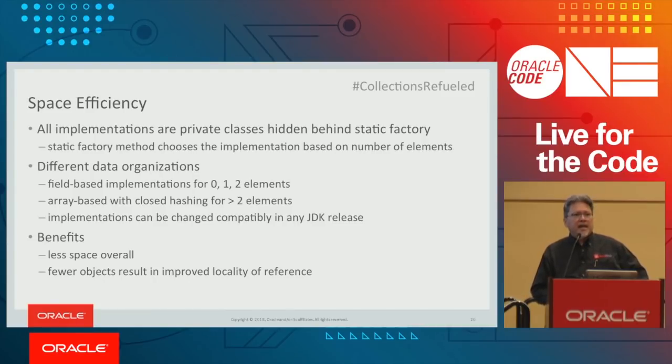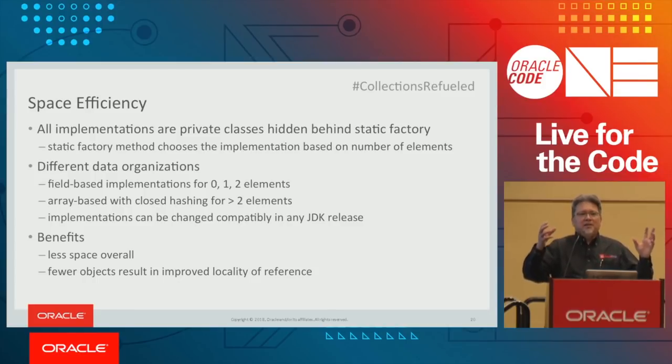And these days, if you saw Mark Reinhold in the keynote talk about memory latency and the cost of cache misses, if you have a lot of objects in a linked data structure, then those have a high probability of causing cache misses. And so what we've done with these data structures is we've tried to make sure that the data is held with very high locality.